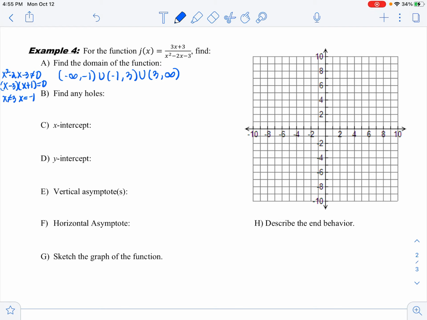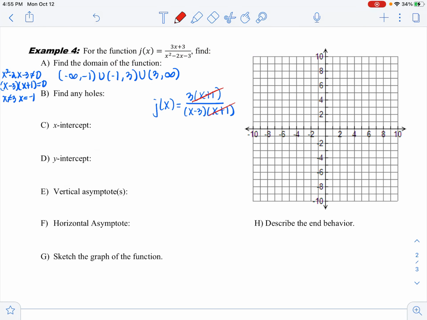All right, are there any holes? Well, we already know my denominator is factorable. Is my numerator factorable? This is where people say no, because they forget to look for GCFs. There is a GCF, it is factorable. So I'm going to put j of x equals. There's a GCF of 3, so I'm going to factor that out. And then my denominator is x minus 3 times x plus 1.